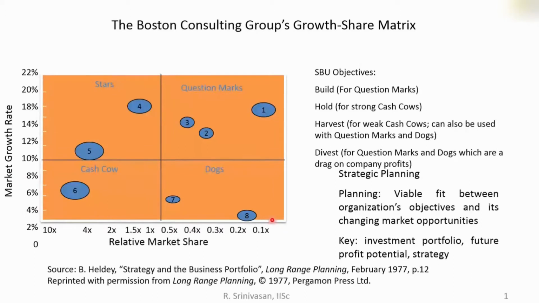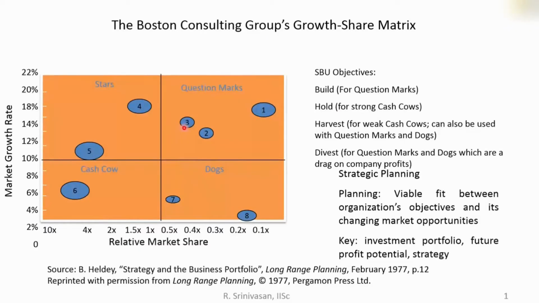This matrix is drawn for a hypothetical company, and you can see in this matrix that there are 3 SBUs in the question marks. What do we mean by saying there are 3 SBUs in the question marks? To put it in simple English, they are trying to find their feet in the market.